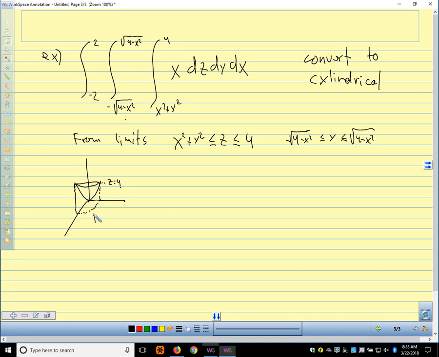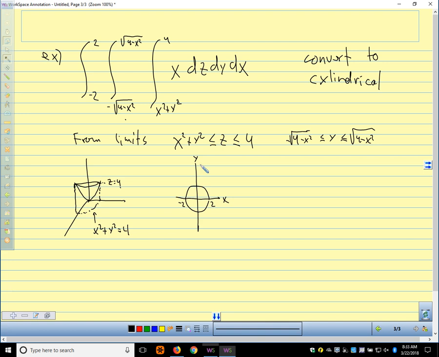And there's that circle, x squared plus y squared equals 4. So this is telling us our region in the xy plane, and x is going from -2 to 2. If I drew a sketch in the xy plane, we have this circle, and y is going from negative square root of 4 minus x squared to positive square root of 4 minus x squared. So that's our region in the xy plane.